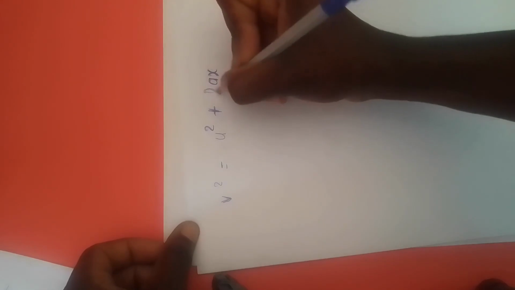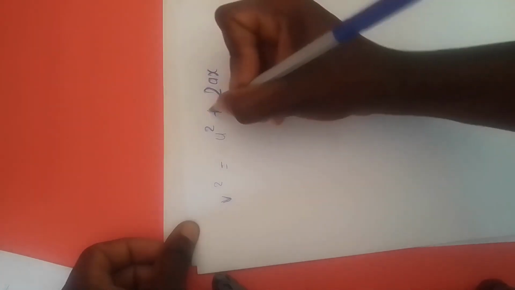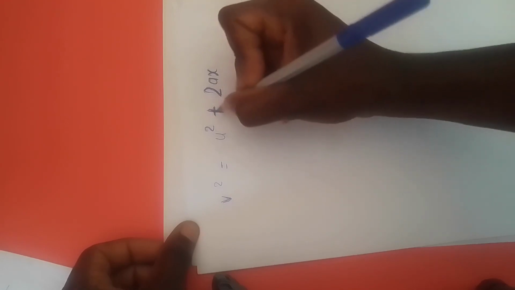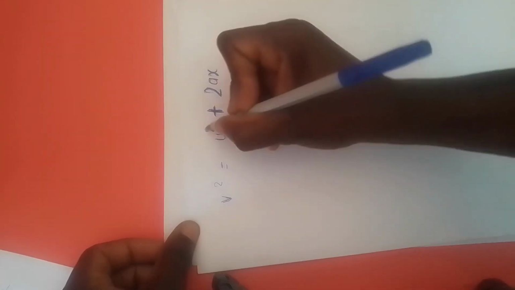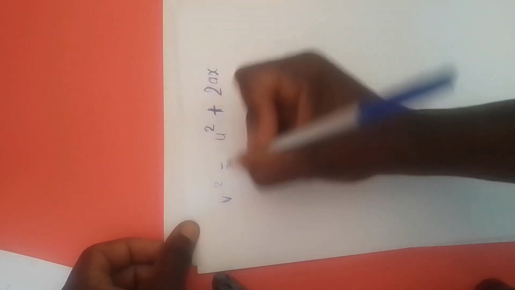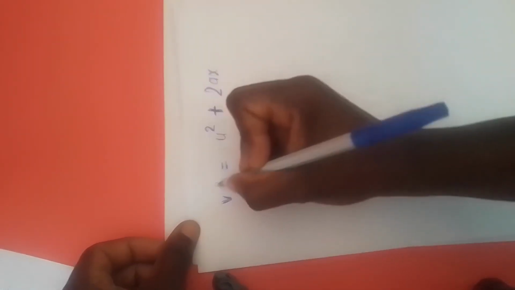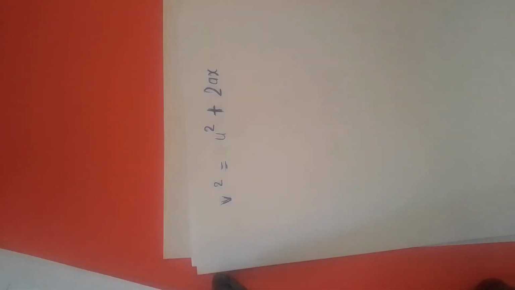This is the third equation. When you're dealing with these equations, it's okay to substitute in some cases, even in all cases if it's necessary. So v squared is equal to u squared plus 2as. We're going to tackle a problem related to this equation.